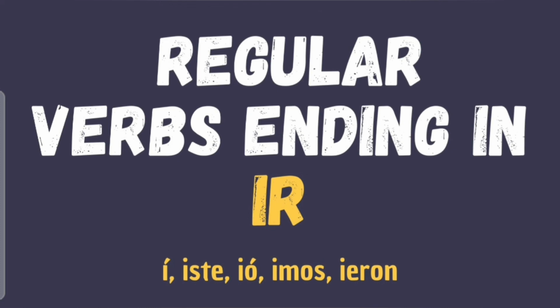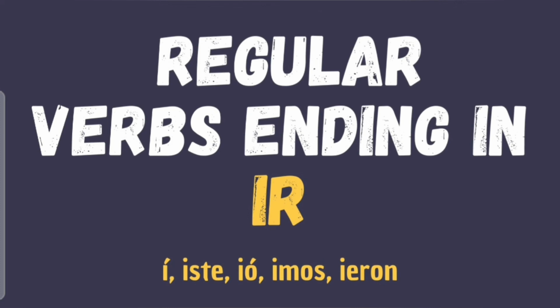Now, if you're talking about the third person's personal pronouns he, él, she, ella, it, eso, then your verb in the indefinite past, if it's a regular verb ending with IR, has to end with ió, with an accent on the letter O. Now, if you're talking about the personal pronoun we, nosotros, then your verb has to end with imos, okay?